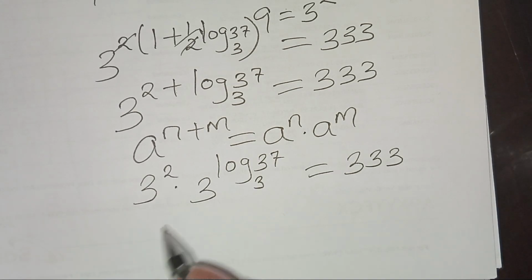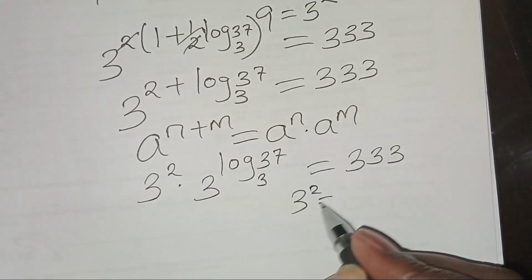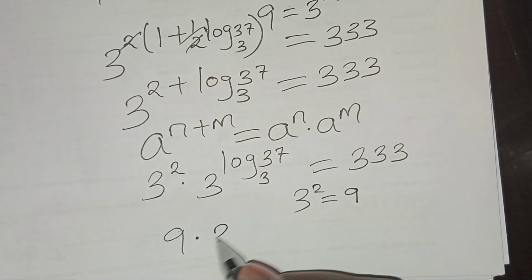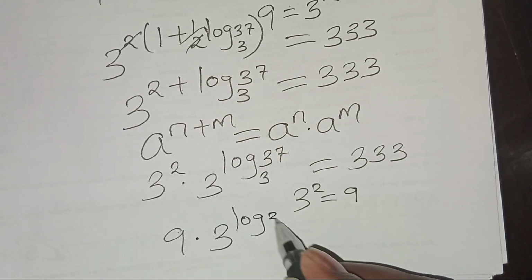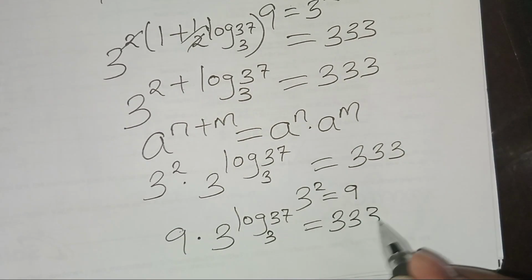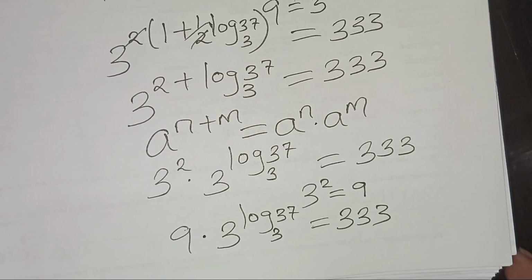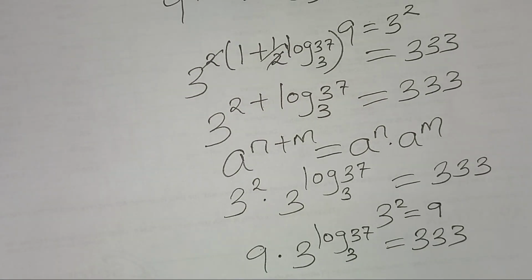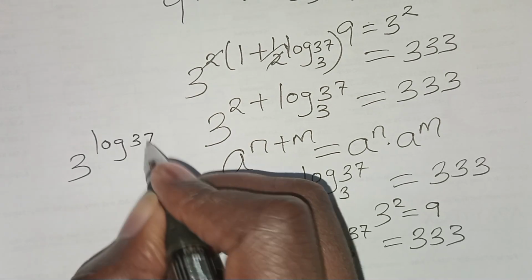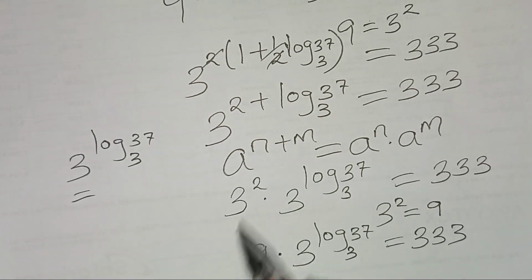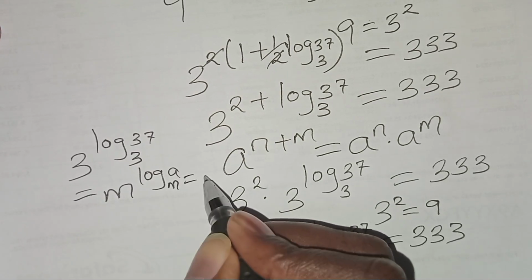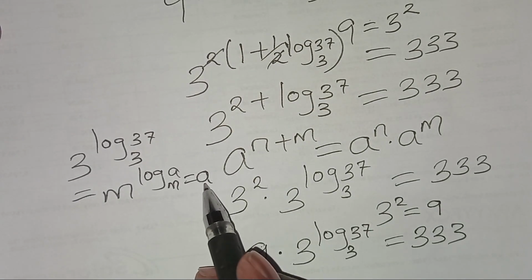Now the next step here, 3 squared, this is the same thing as 9. So here we have 9 multiplied by 3 to the power log 37 to base 3. This should give us a value of 333. So the next step here, you find that 3 to the power log 37 to base 3 is in the form of m to the power log a to base m, which essentially is supposed to give us a value of a.